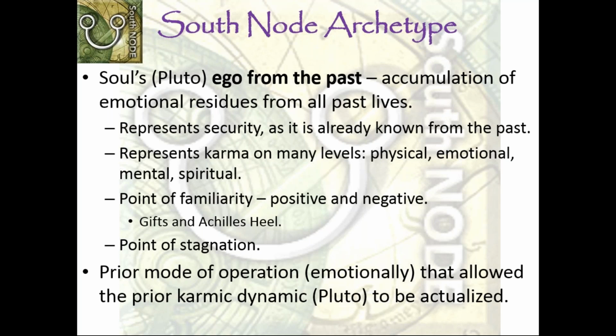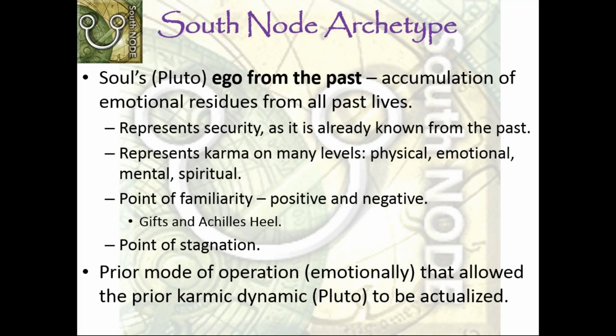That's security. Now, in specific terms, EA will say this is the prior mode of operation on an emotional level that allowed the prior karmic dynamic of the soul or Pluto to be utilized. In other words, the prior karmic dynamic was Pluto, natal Pluto, by sign, generation, by house, individual soul, by aspects.